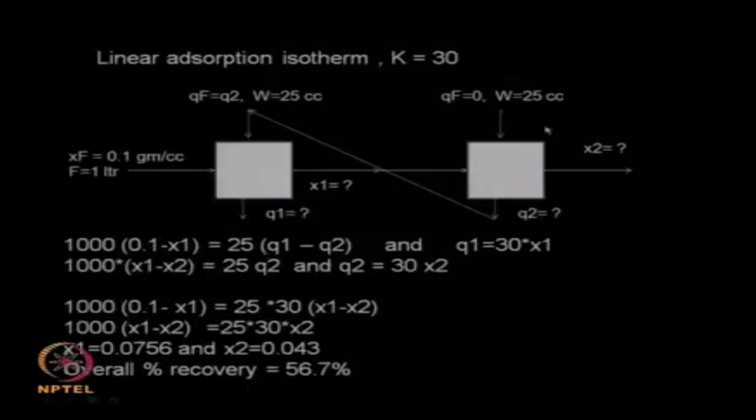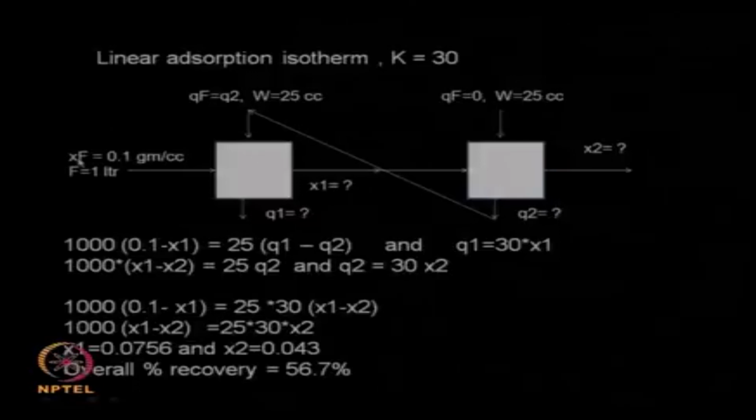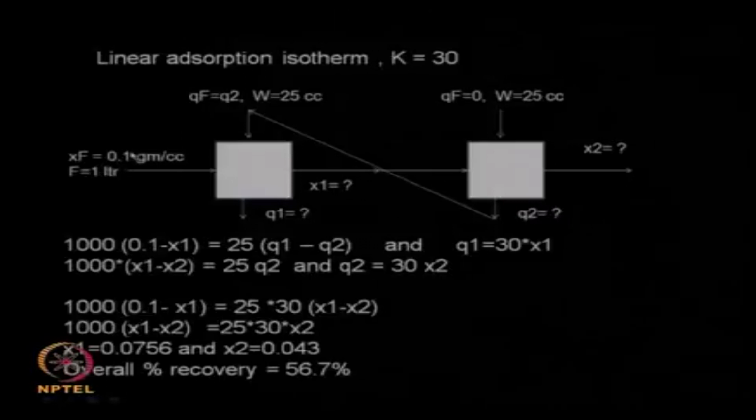So let us look at this particular problem in a counter current system. This is slightly tricky, you will notice why it is tricky later. Okay, so let us look at a counter current system where the solution is fed here, again it is 1 liter and the solution contains 0.1 gram per cc of the solute concentration.